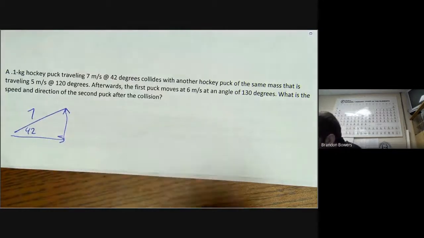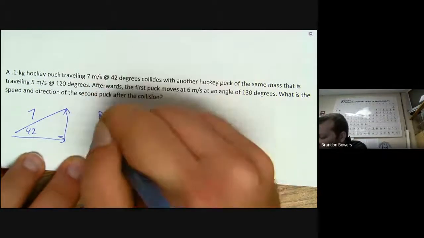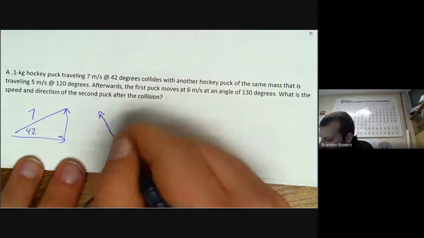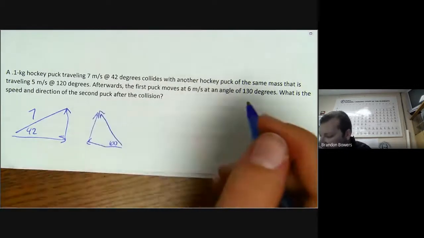Collides with another hockey puck traveling 5. So it's traveling 120 degrees, so it's actually traveling that way. This is going to be 60 right here. So here you're going to have to solve for your x and y.